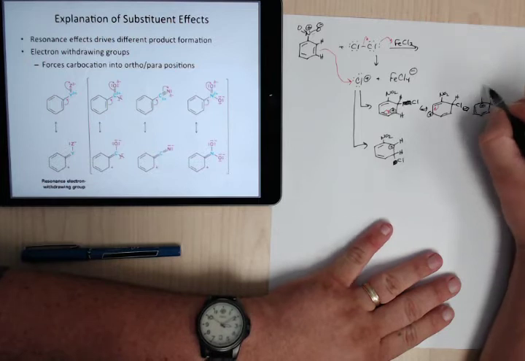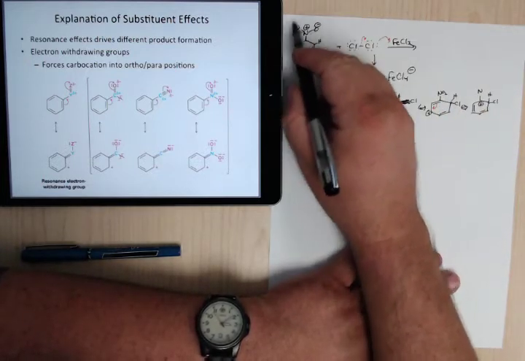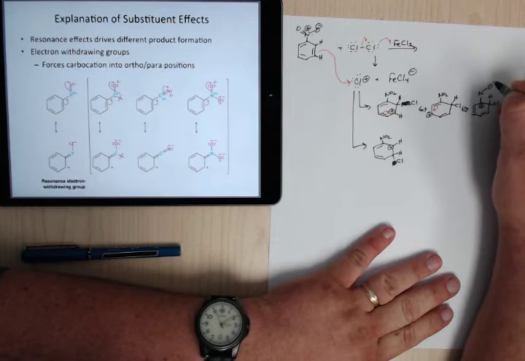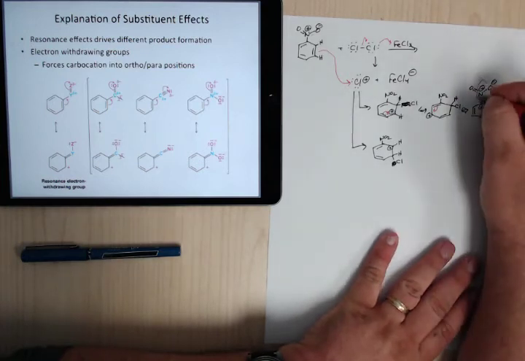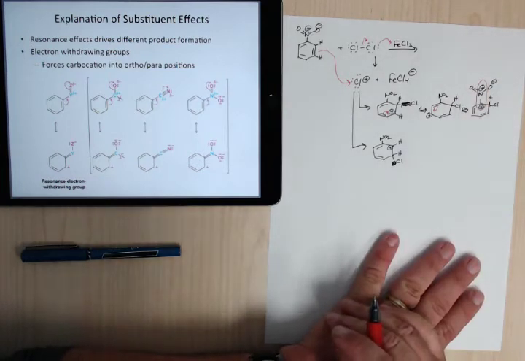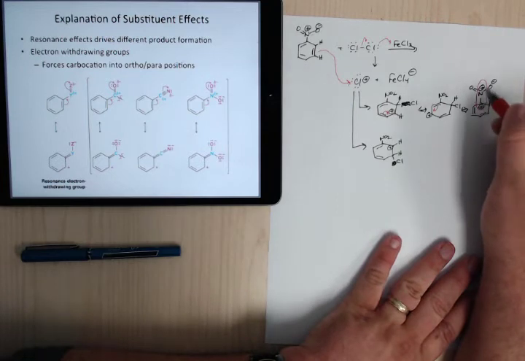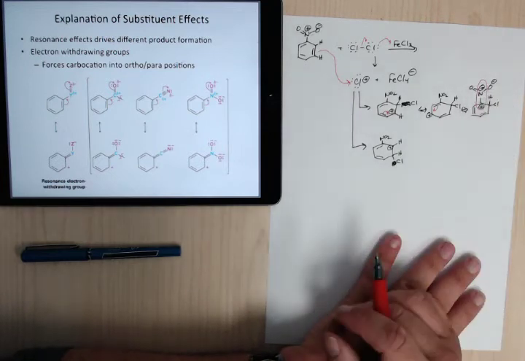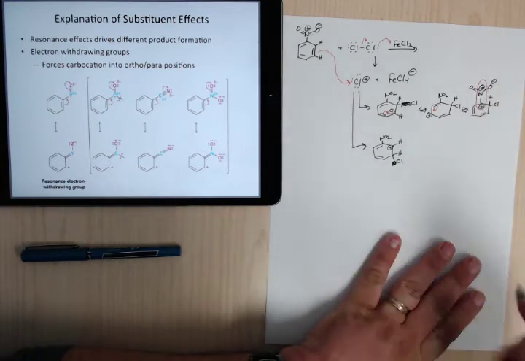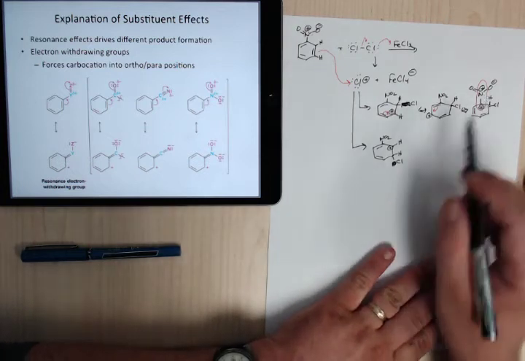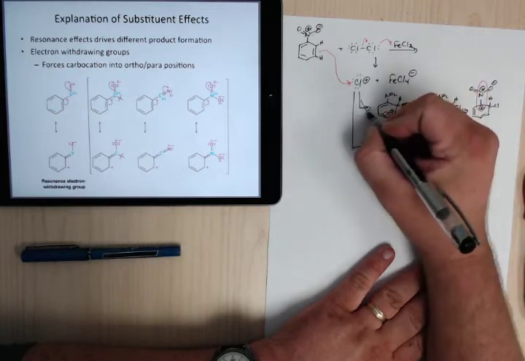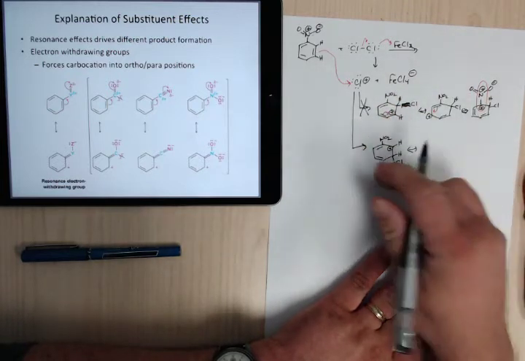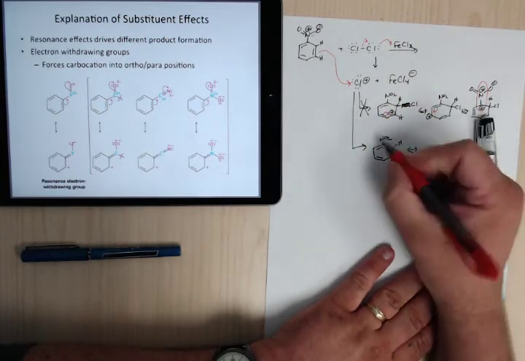The problem with this resonance structure is, remember the structure of the nitro group. Here, the problem is this. You're trying to put two positive charges right next to each other. That is really, really bad. So that's why it goes into the meta position, because it's not going to work. By putting it in the meta position, we can avoid this.